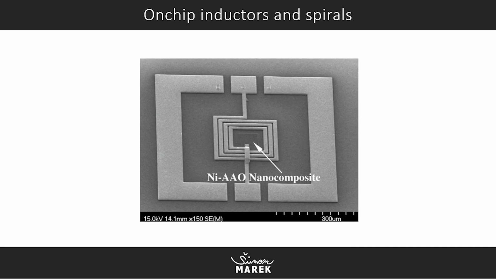So here is an on-chip inductor and spirals, which is also a very important component for creating our cells, because we need to create a resonator, and in order to create a resonator we will also need some inductor, and to create an inductor with higher inductance we will need to use a spiral, and this is just a small on-chip inductor.